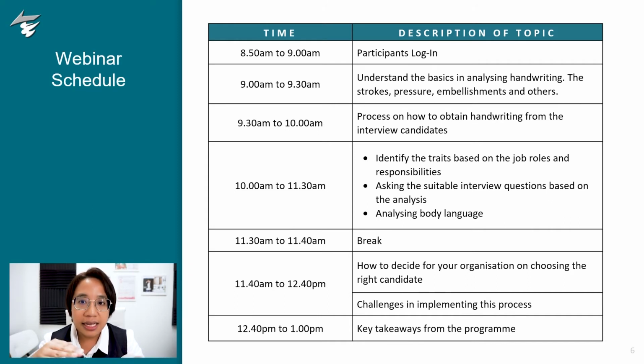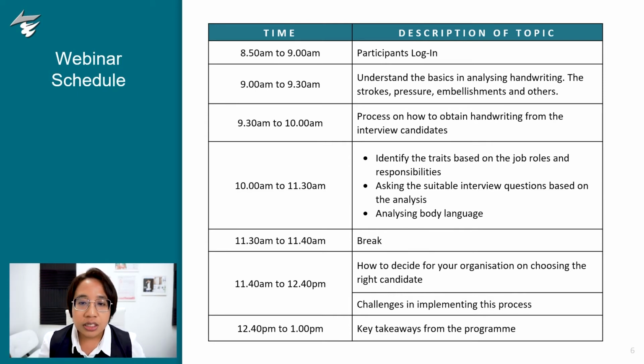And from there, when you go to the interview, how are you going to analyze the body language of the interviewees to match with what you have analyzed? So it's like an overall analysis. Next, we will look into how you decide for your organization, because as an HR practitioner, you may be a manager, director, or executive.